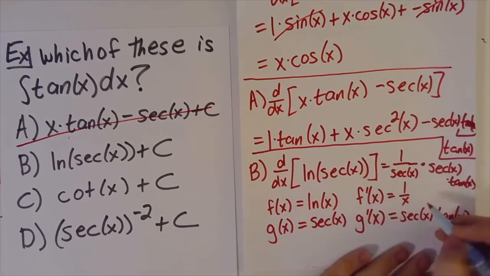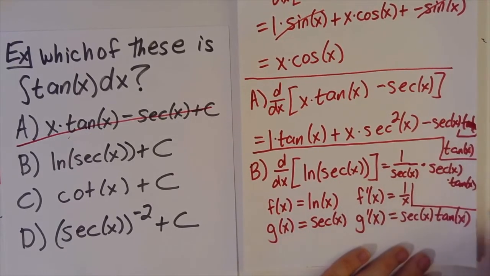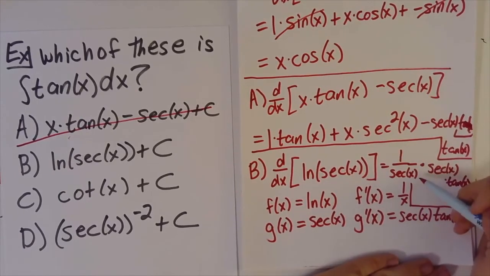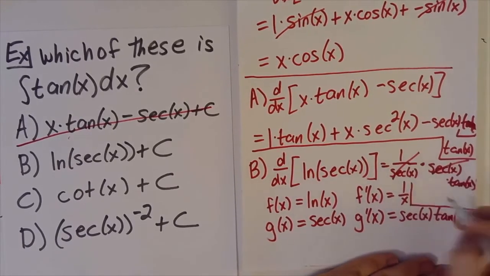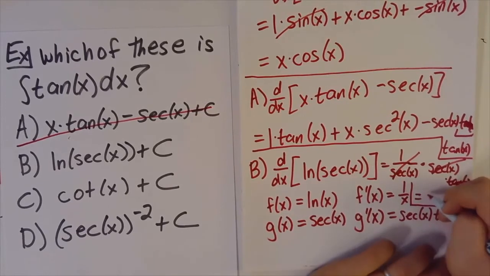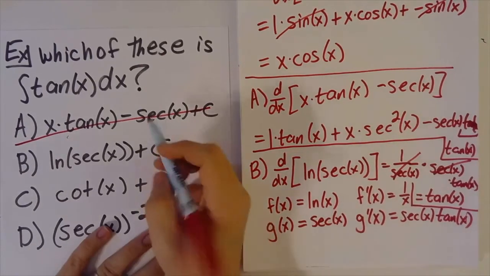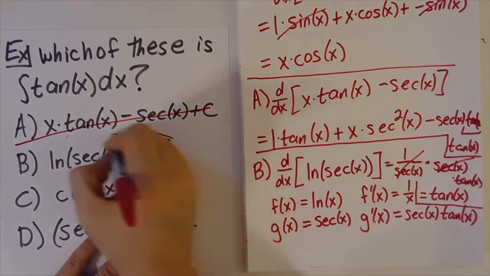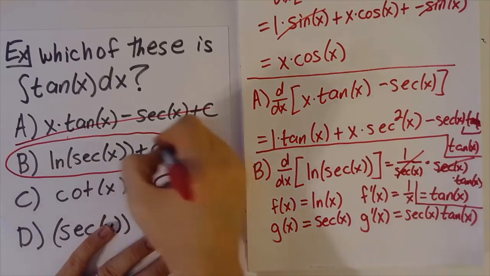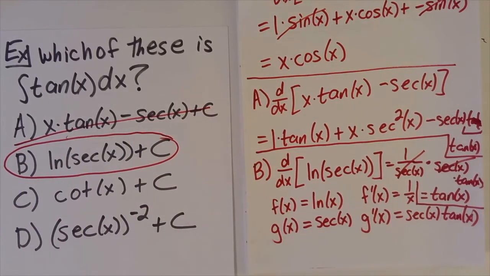But would you look at that, I have a 1 over secant of x times a secant of x. So this works out to be tangent of x, and that's the thing I wanted. So that means the integral of tangent is really the natural log of the secant of x plus c.